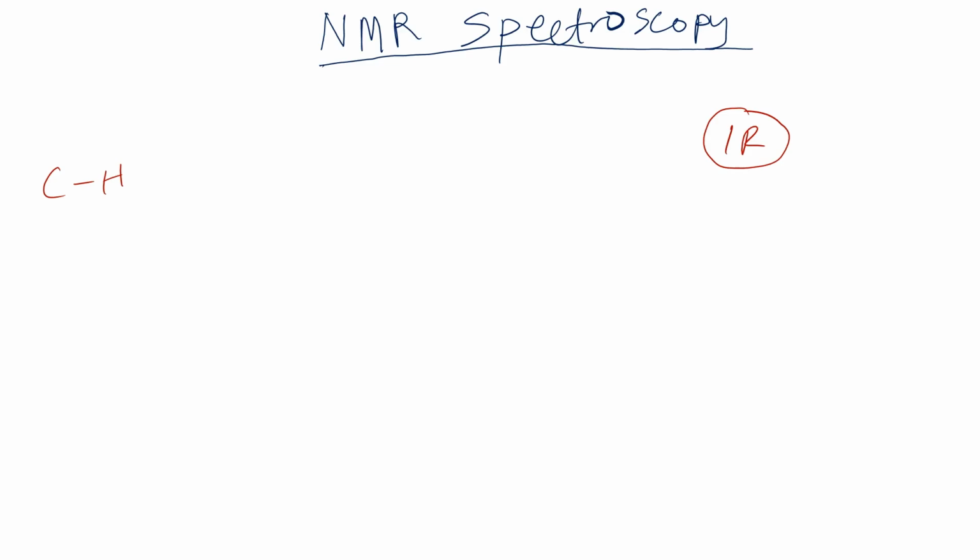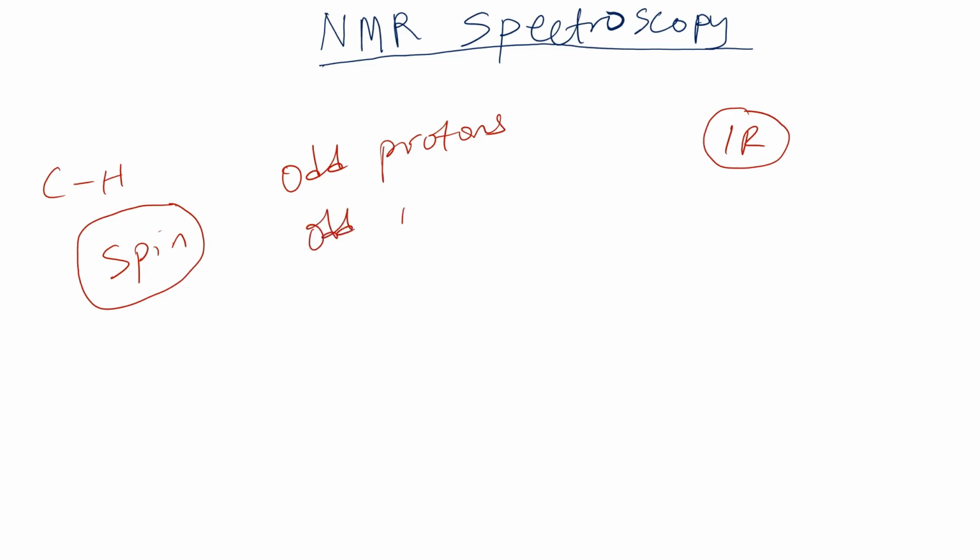Now, NMR spectroscopy is applicable to certain nuclei, those that have a state called spin state. For a nucleus to have a spin state, it has either an odd number of protons or an odd number of neutrons.